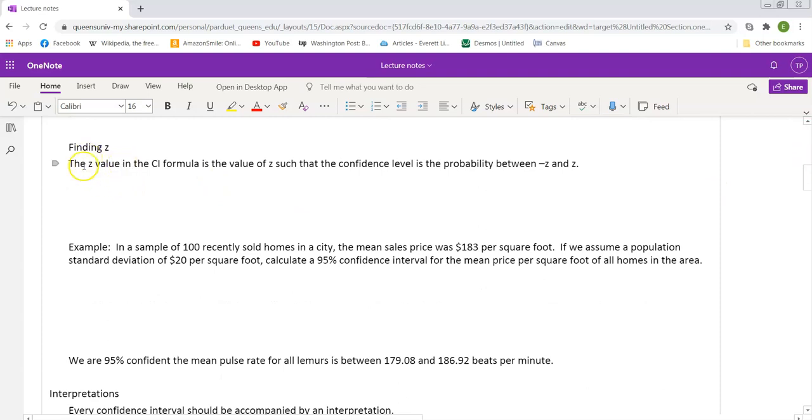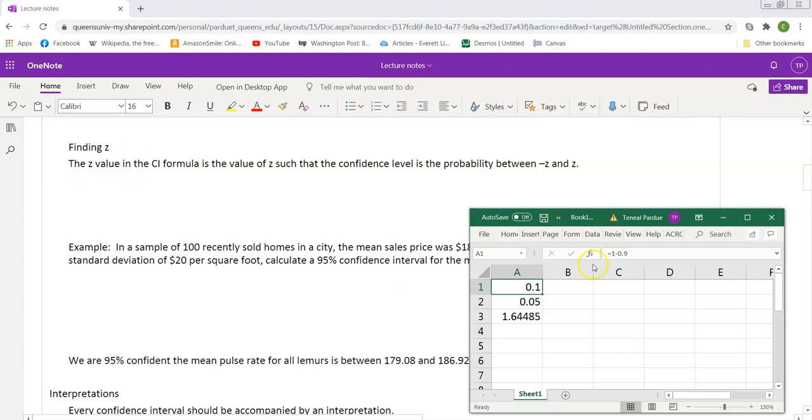So we already talked about this a little bit, but just again, how did I set this up? I wanted a 90% confidence interval, or I started with 95. So I needed a value of z where the confidence level would be the probability between negative z and z.